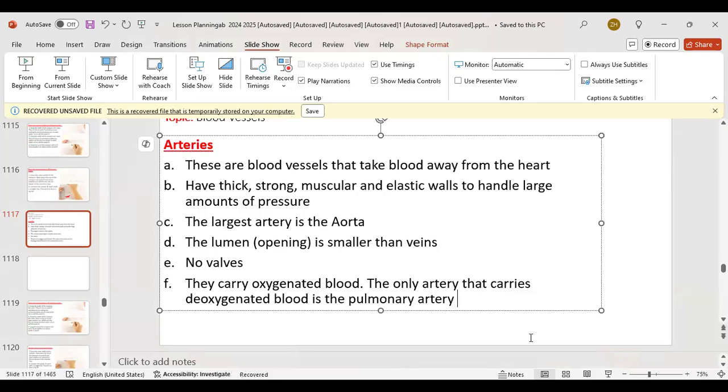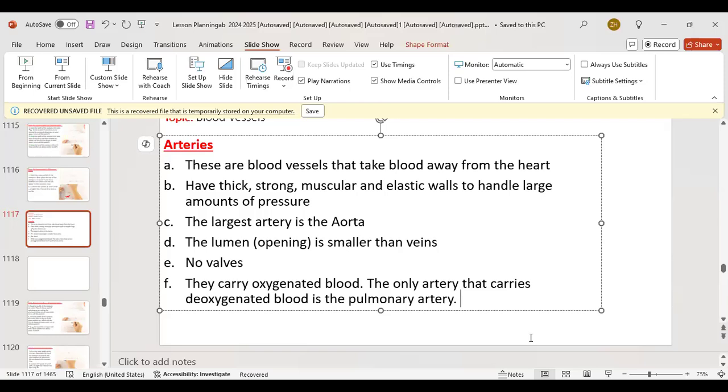That's the only artery that carries deoxygenated blood, because it's carrying that blood from the heart to where? The lungs. Very good. The lungs to get oxygen.